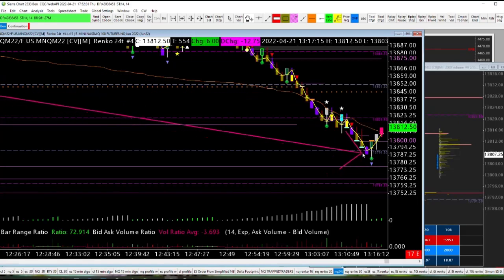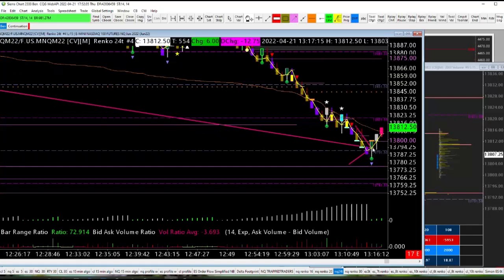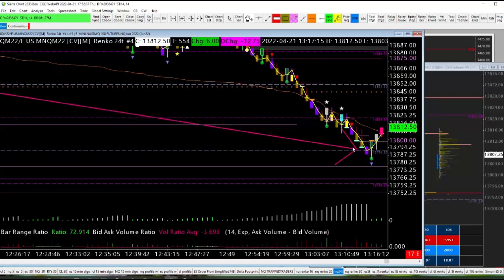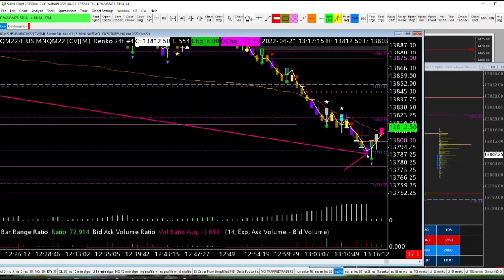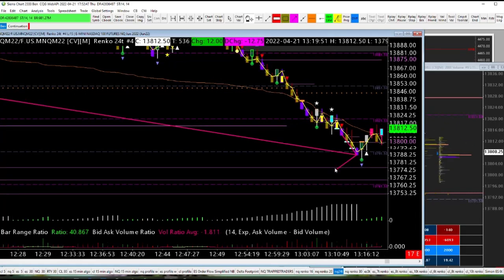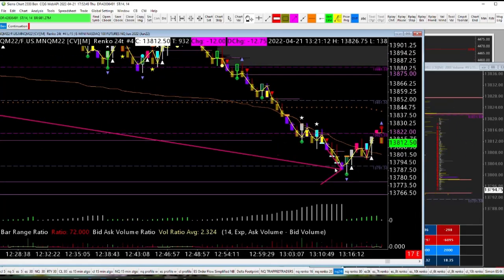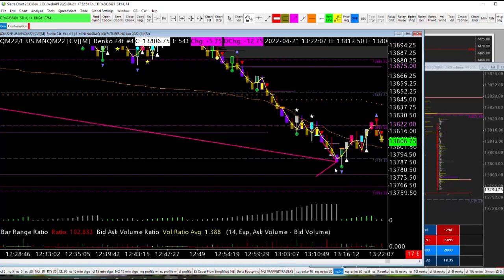Notice they bounced right off of the voodoo range level with volume and then absorbed that. I'd love to buy that if it wasn't such a huge downtrend that we were underneath the 3x VWAP line. That would be beautiful in a sideways market or a bullish market. But here, you just have to ignore it, because it does work for what, 25 points.